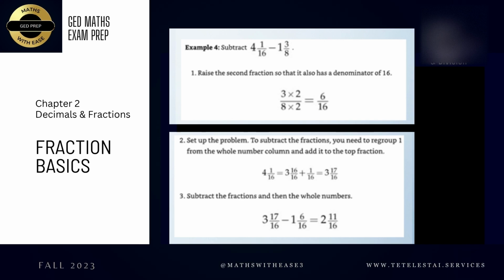So another way to rewrite 4 and 1/16 is 3 and 16 over 16 plus 1 and 1/16. I'm trying to think of the best way to explain this. So again, like I was saying earlier, this 4 is indicating that we've got 16 over 16 4 different times, okay?